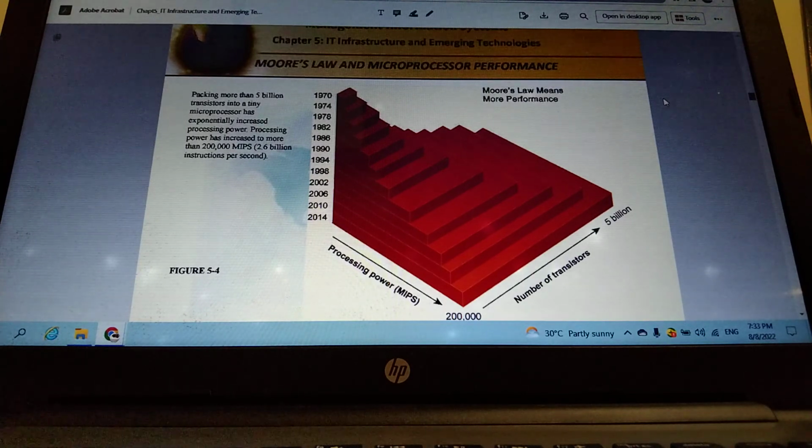As you can see, the MIPS is increasing and the number of transistors is also increasing over the years. So the computer is becoming more powerful, and can process more data and information. At the same time, the number of transistors is increasing to make it more powerful, as per Moore's law.